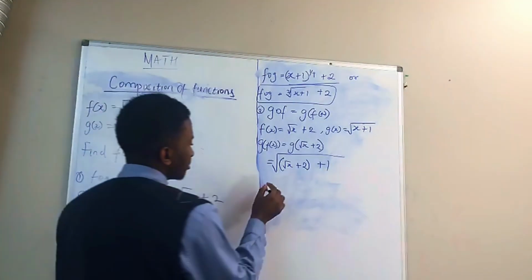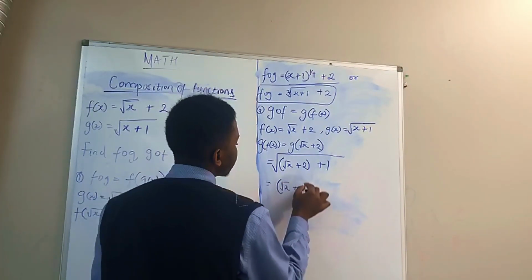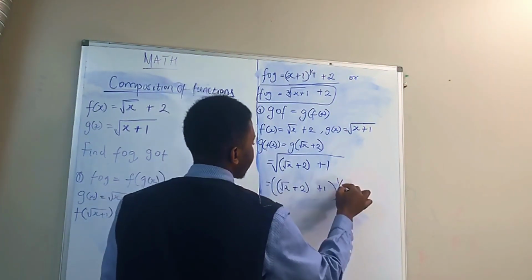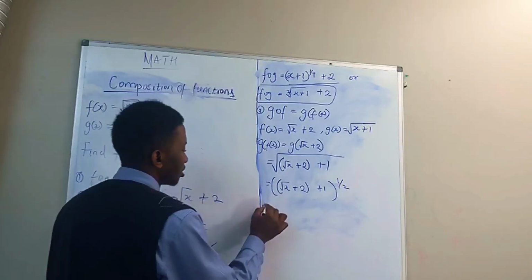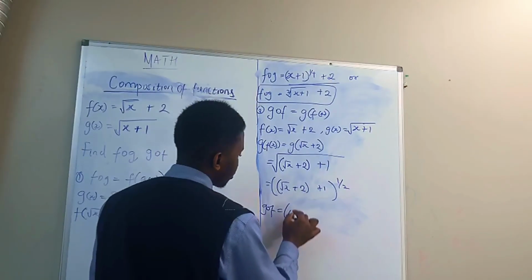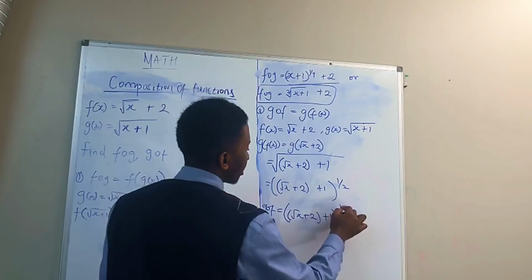Or we could write this as root x plus 2 plus 1 in a bigger bracket raised to the half. Now that is a much better way to write it. So g of f could then be written as root x plus 2 plus 1, to the half.